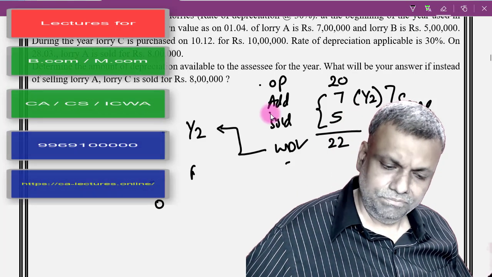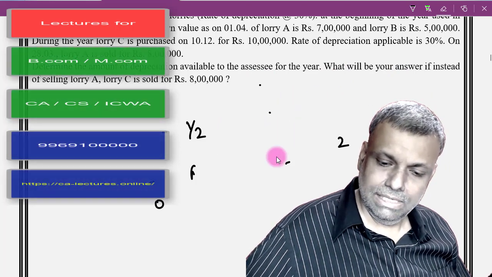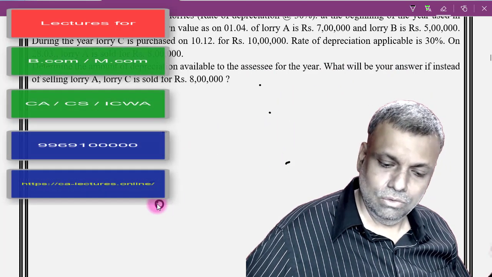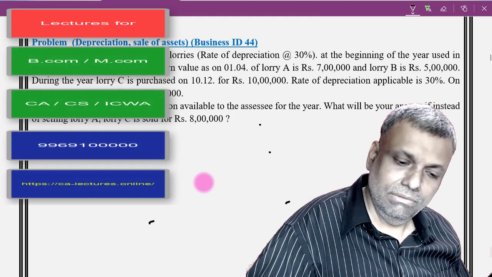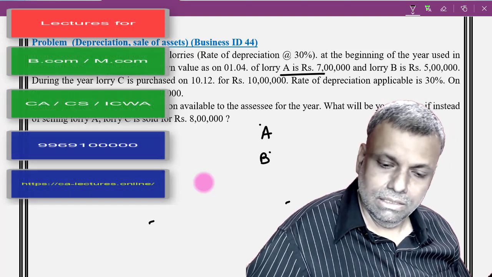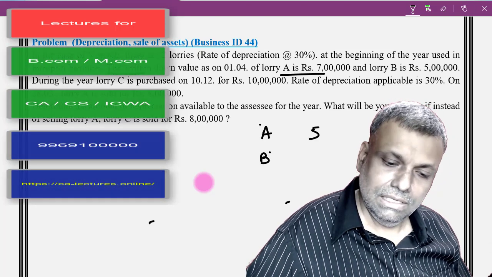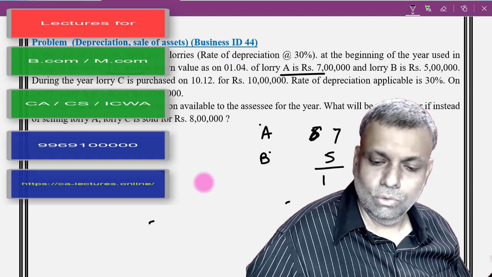Okay, so let me just take up the question numbers quickly and tell you how exactly this is going to be. Okay, now see, there is an opening WDV, there is A and B, that is opening A is 7 and B is 5, total is 12.